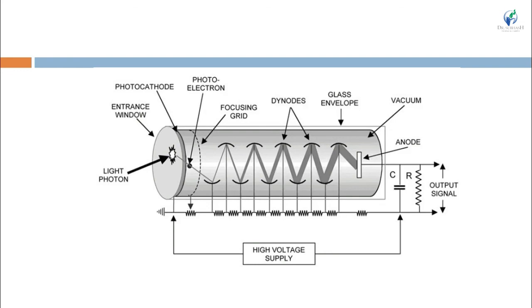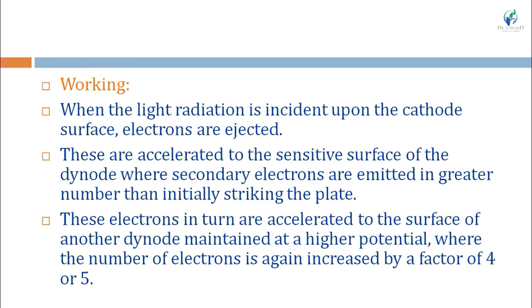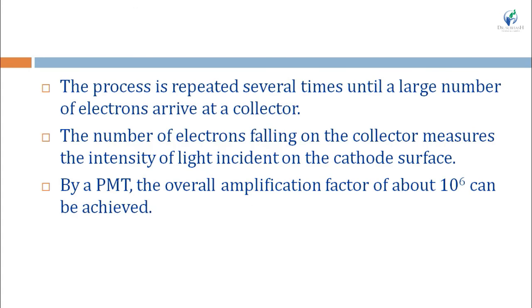Each diode is covered with a metal material which emits 4 to 5 electrons for each electron, right? So the electrons incident upon the diode are multiplied successively, and the number of electrons increases repeatedly. So finally we can get an amplification factor of about 10⁶, right?